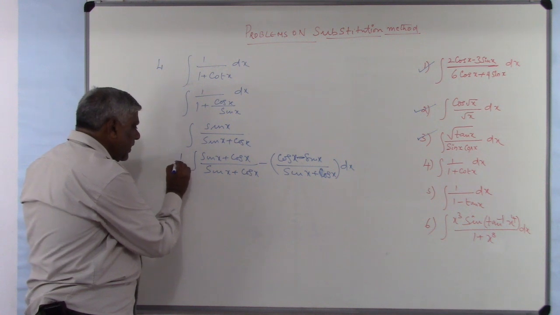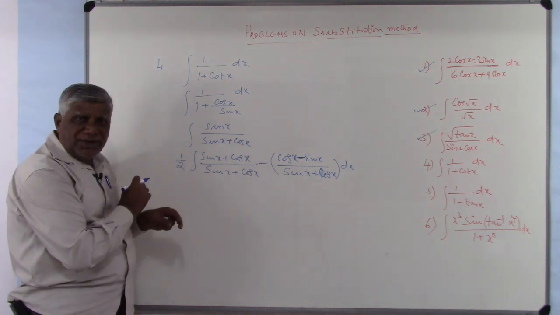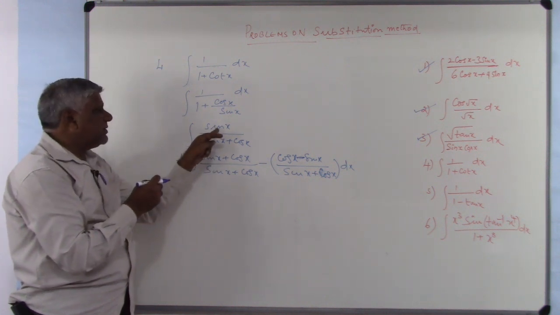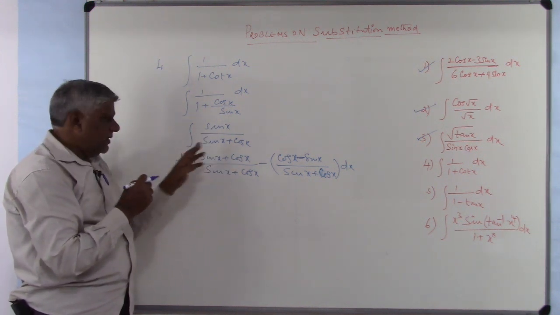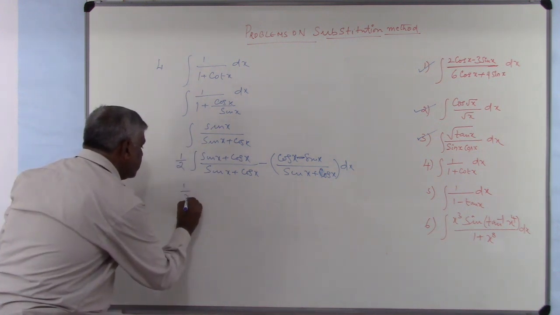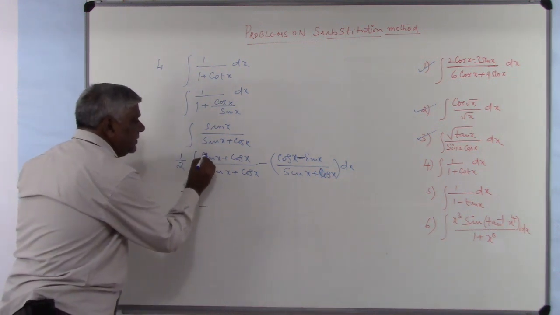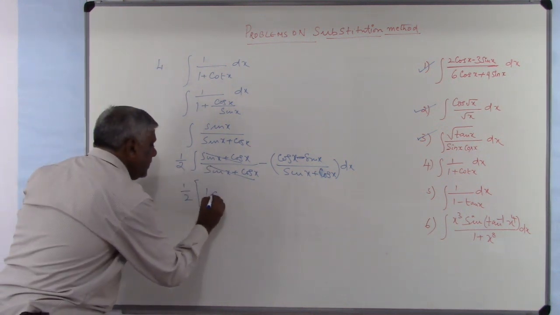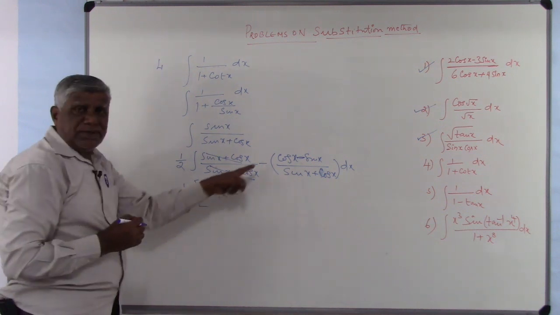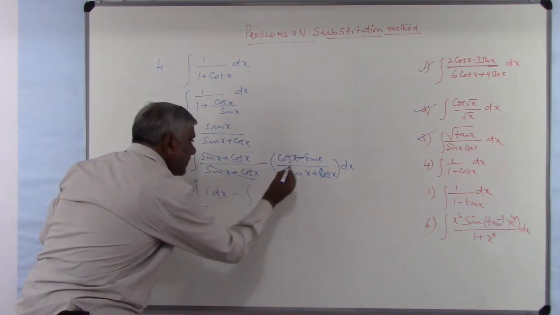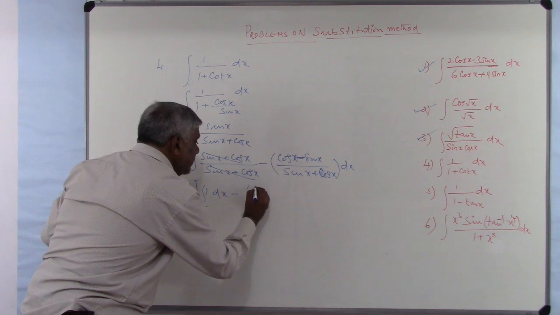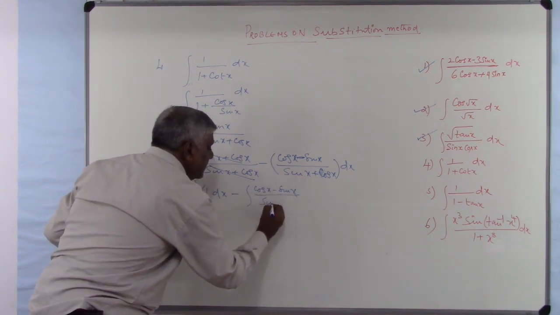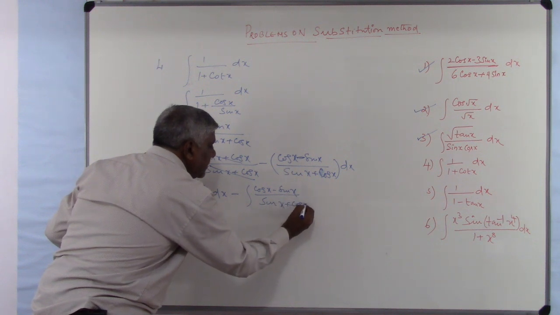For that we make it half into 2 sin x, 2 cancels. Therefore you are left with sin x by sin x plus cos x. Now this adjustment we are going to do. This cancels. Half integral 1 into dx minus half integral cos x minus sin x by sin x plus cos x dx.